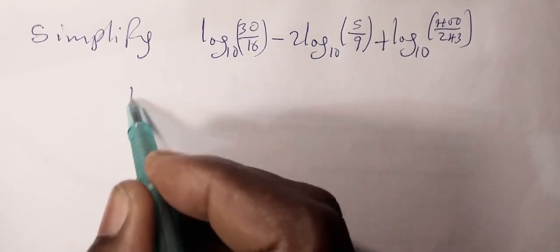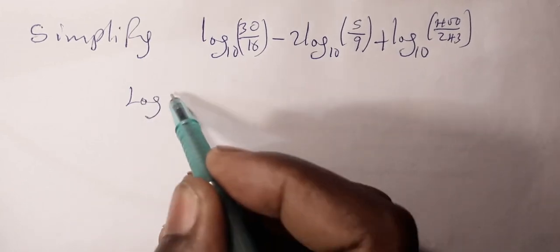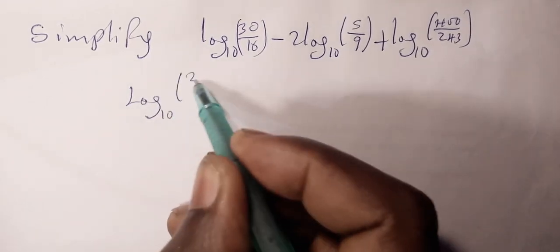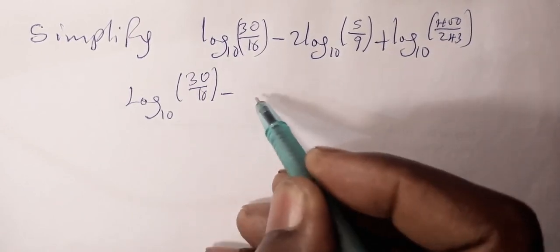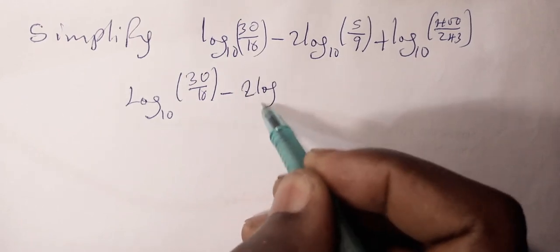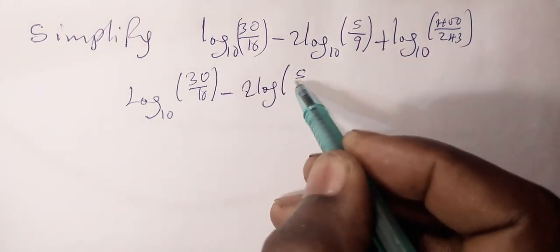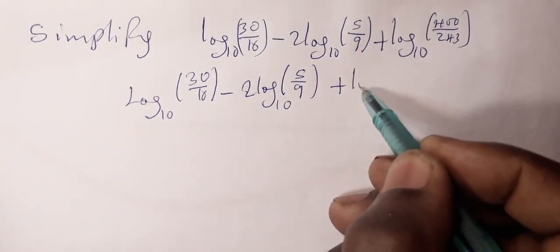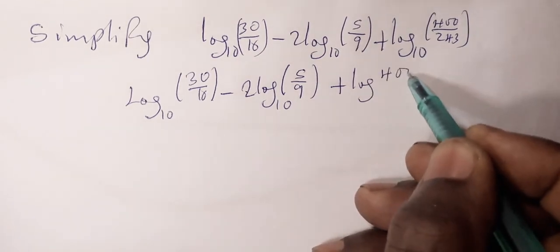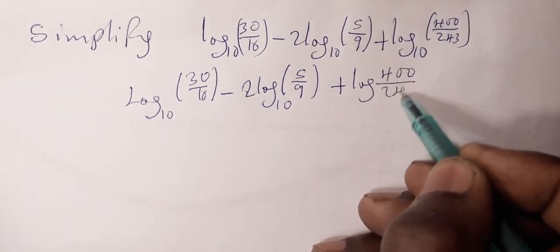Here we have log base 10 of 30 over 16, minus 2 log base 10 of 5 over 9, plus log base 10 of 400 over 243.